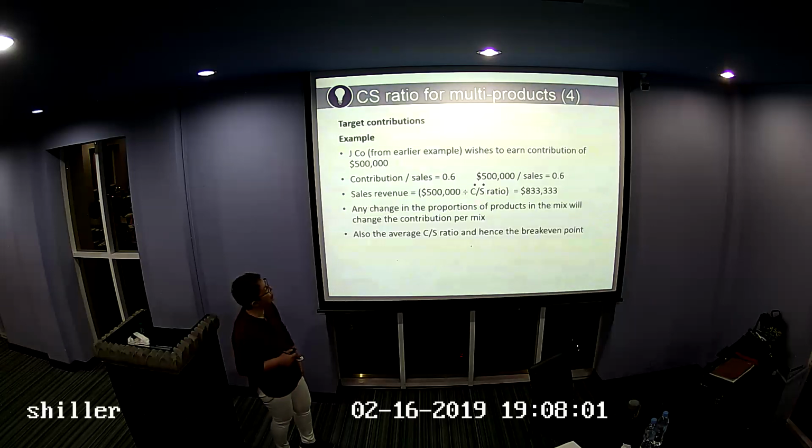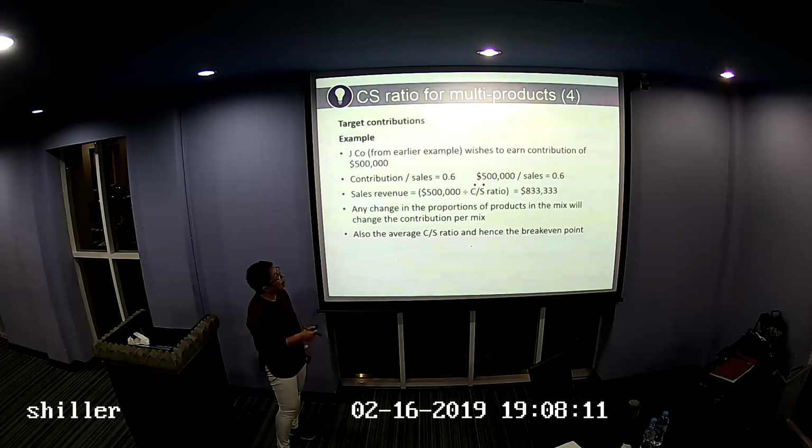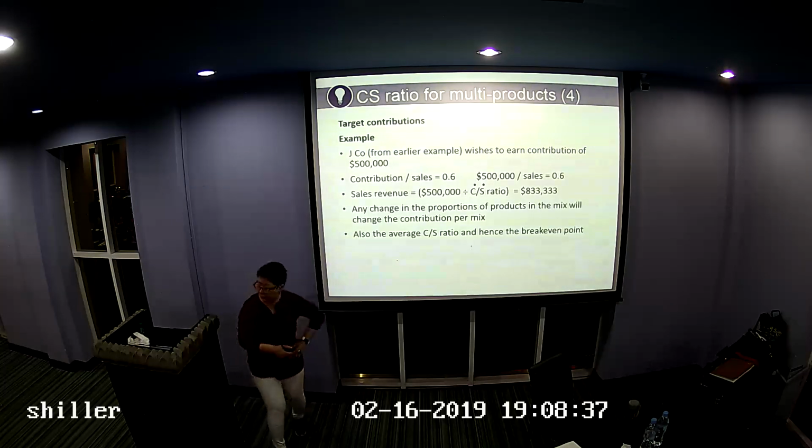How much sales should they sell to get a contribution of 500,000? All you need to do is take the contribution divided by the CS ratio. Does that make sense? I take the contribution divided by the CS ratio. It will give you the sales.